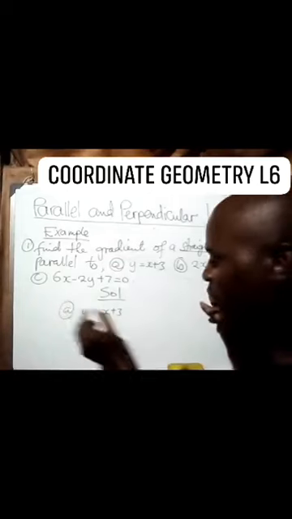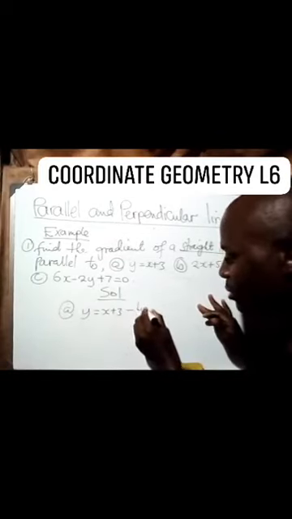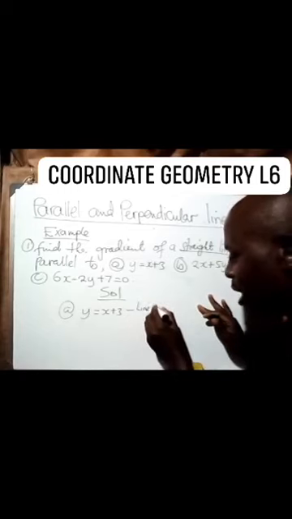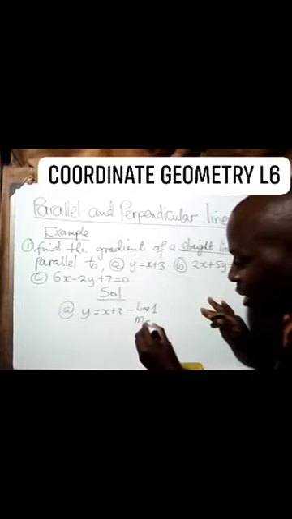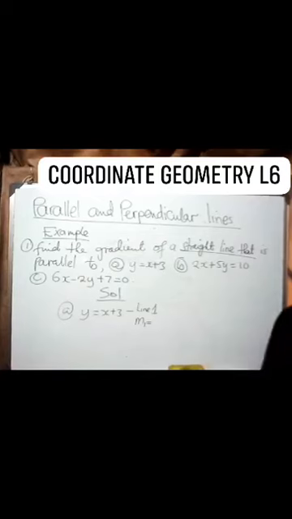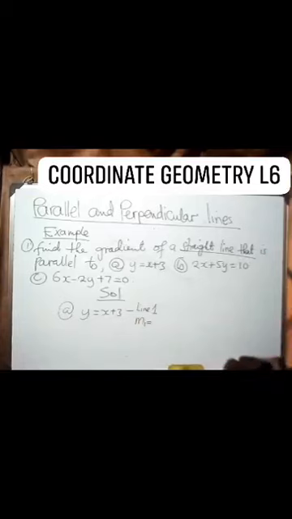So I will name this one as my line 1. The gradient for this equation will be gradient 1. Now, what is the gradient for this equation?